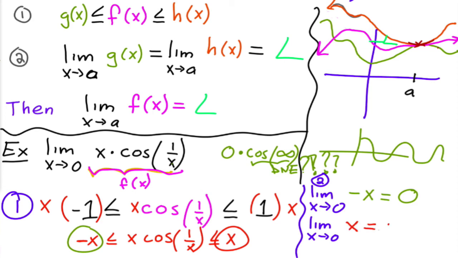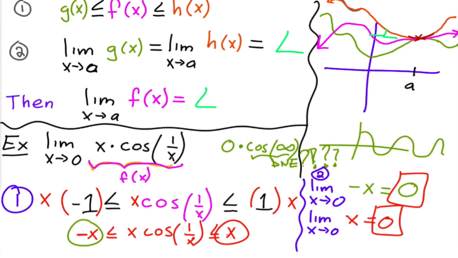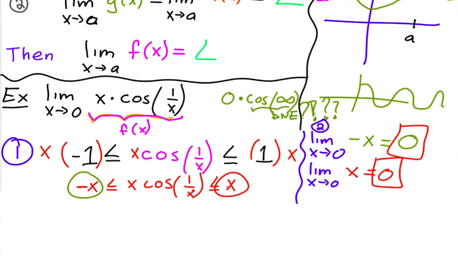And that's also equal to 0. So because these two are equal, and we know that our function is always between these two functions, what we can conclude is that the limit as x approaches 0 of x times cosine of 1 over x is also equal to 0.